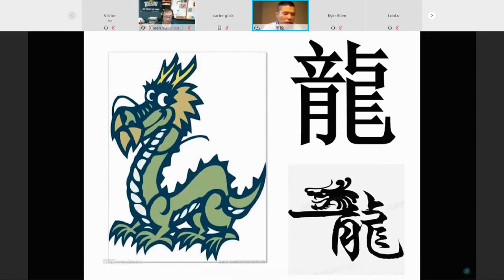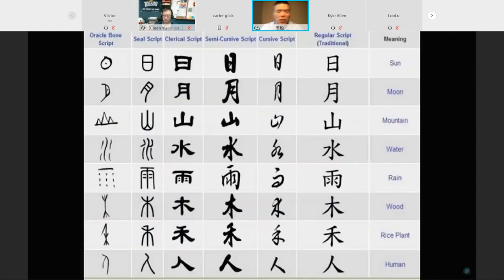Okay. Yes. So we are going to talk about Loong. It looks like an animal, maybe, probably. Chinese language has a long history.